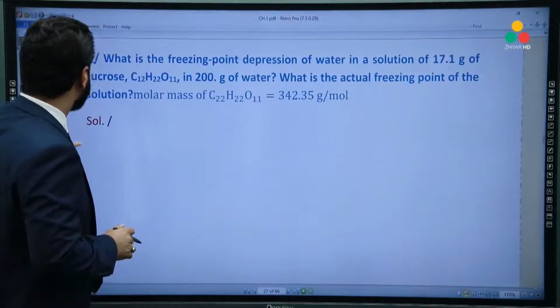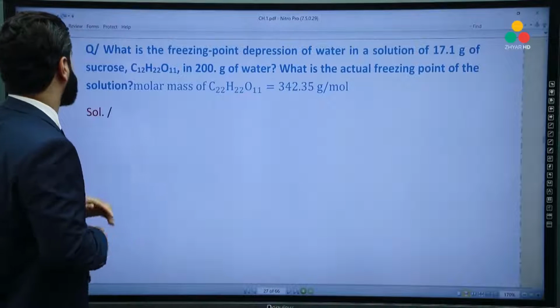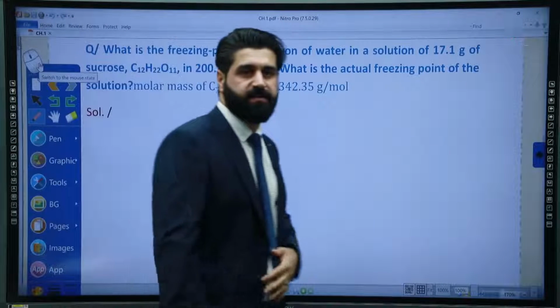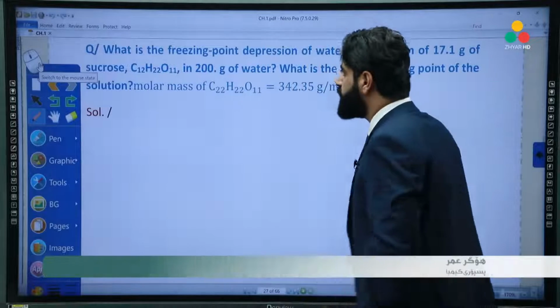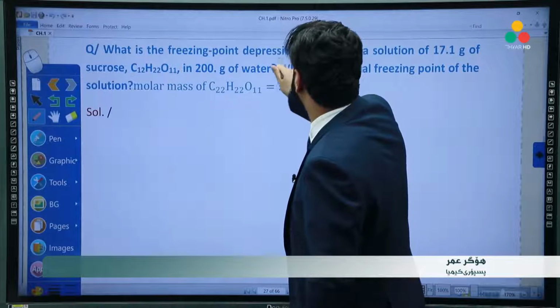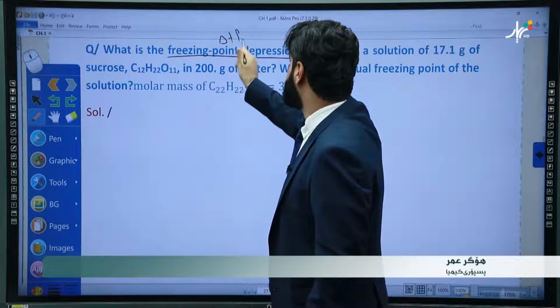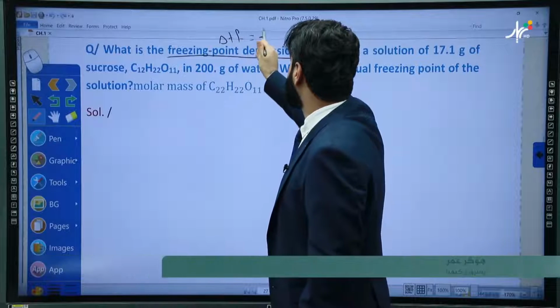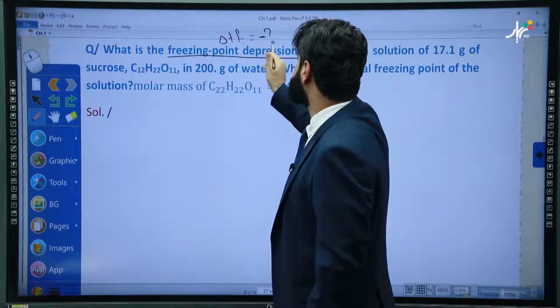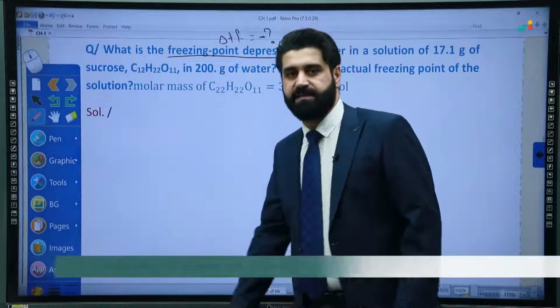Let's solve some mathematical questions about freezing point. Okay, what is the freezing point depression? We know it's delta TF and must be in negative sign.